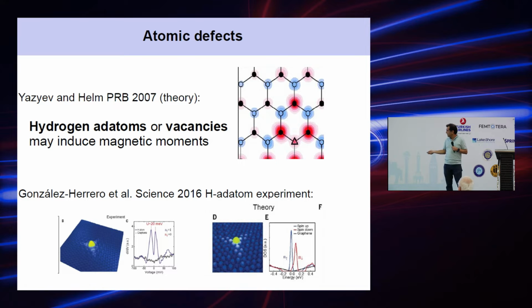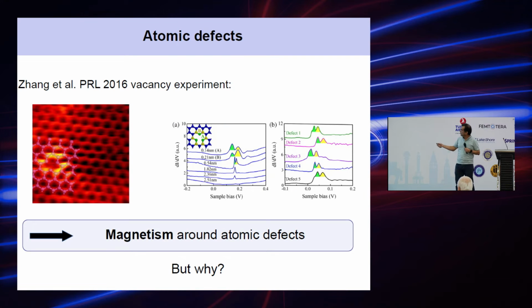And this was confirmed by experiments a few years ago, using hydrogen add atoms and also using vacancies. Okay, so there's magnetization around defects.